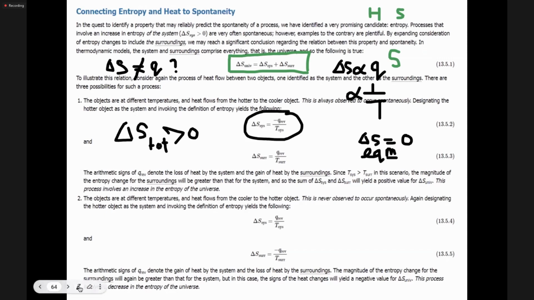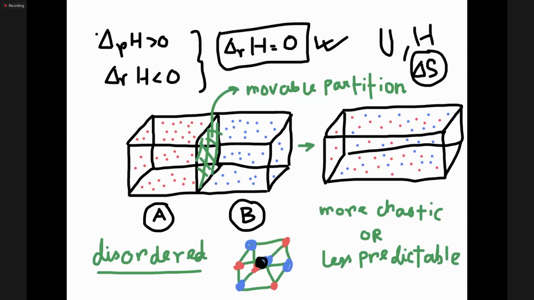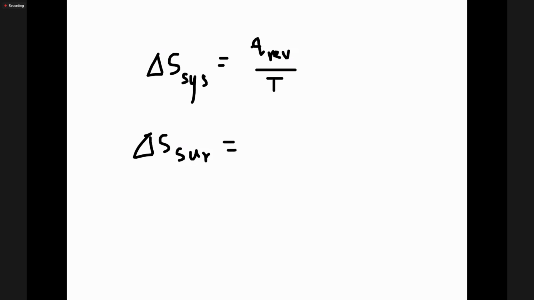And if I put this mathematically over here, we have delta S system, which is Q reversible by T. And delta S surroundings, since this much Q reversible heat is taken up by the surroundings, is minus Q reversible by T of the surroundings.